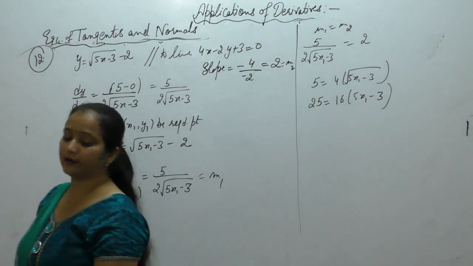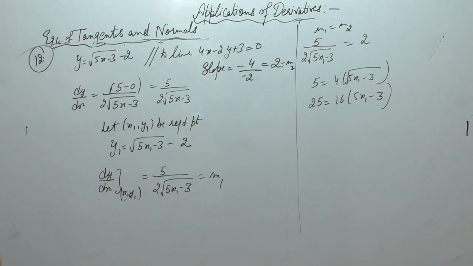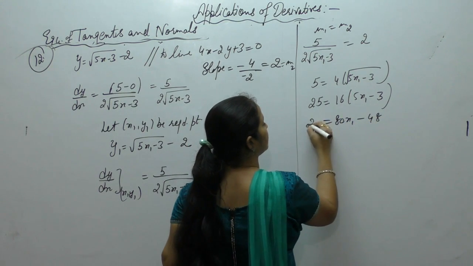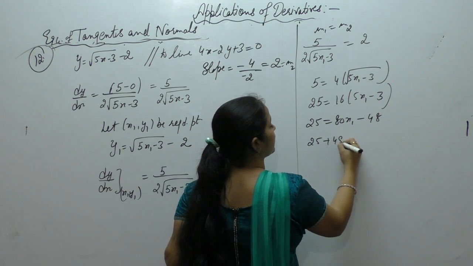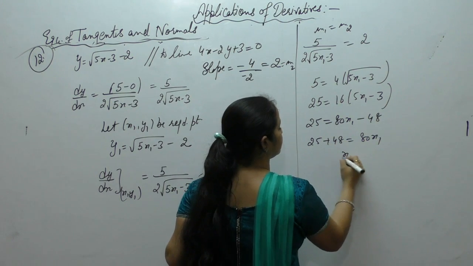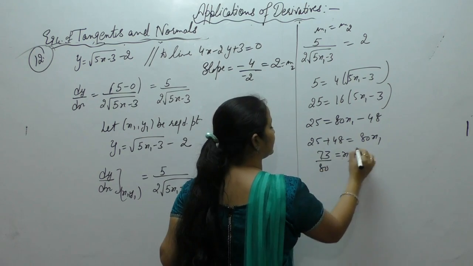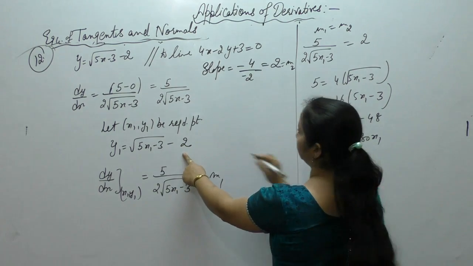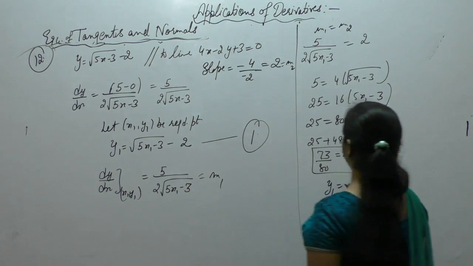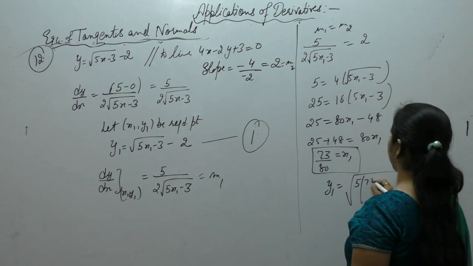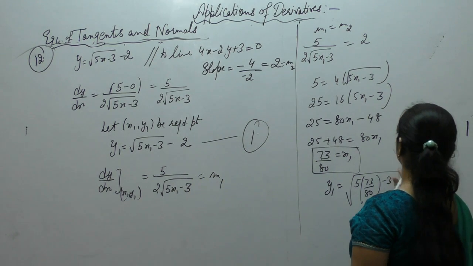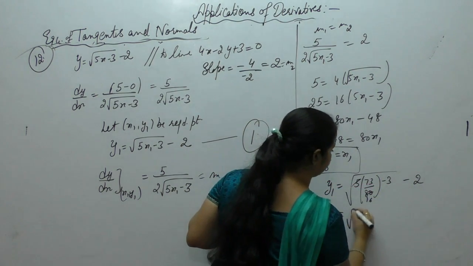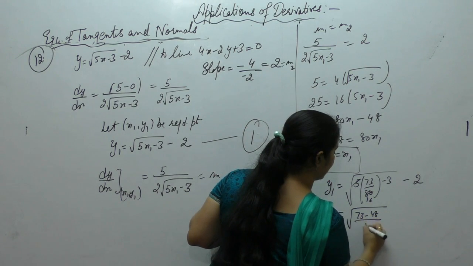Is it clear up to here? Now we have to find the value of x1. 25 plus 48, we get 73/80. Now put this value in equation 1. y1 = √(5x1 − 3): 5 times 73/80 minus 3, that is 73/16 minus 48/16, 25/16.